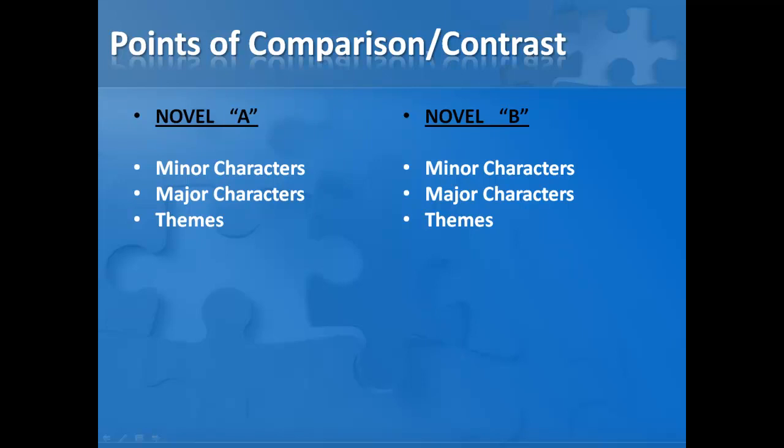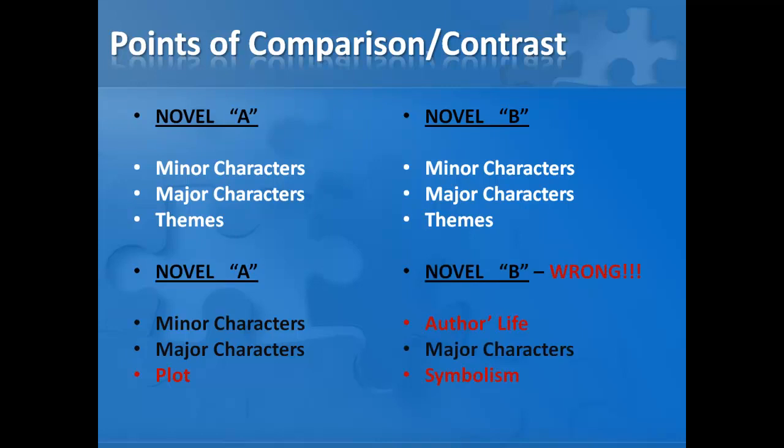That's important to remember. This is what you would not do. Novel A, minor characters, major characters, and plot. Novel B, you begin to talk about the author's life, major characters, and symbolism. This is wrong. You don't have points of comparison and contrast to form a good basis for this particular type of essay.